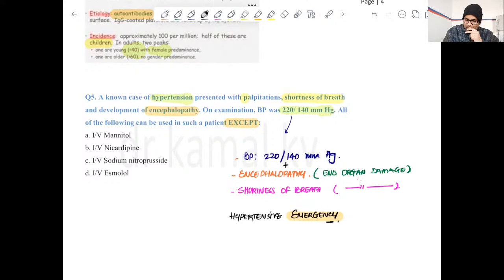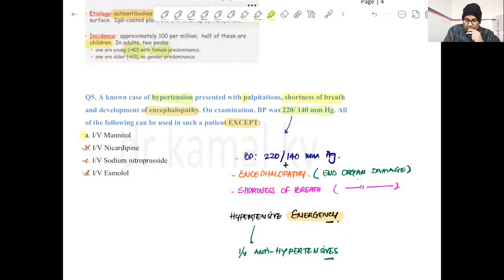And for hypertensive emergency, you have to give intravenous antihypertensives under ICU setup. So this is the line of management. Now if we look at the options, nicardipine is antihypertensive, sodium nitroprusside is antihypertensive, esmolol is antihypertensive.